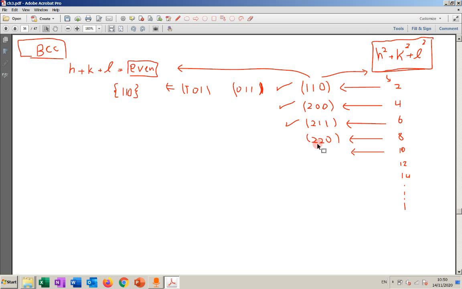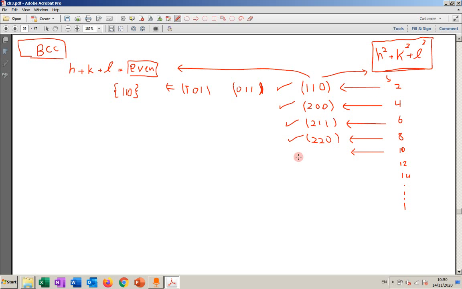Some students say, sir, this summation is 4, it's supposed to be written here. No, those are considered as their square; their summation just has to be an even number. That's why I wrote the even numbers here, but those even numbers are not for the summation, they are for the square.